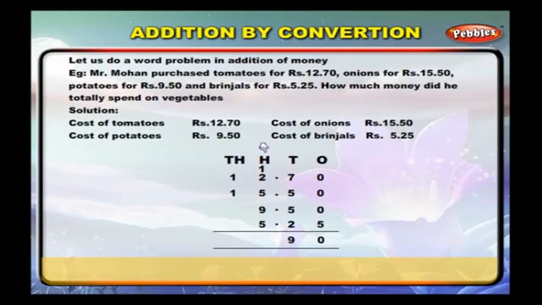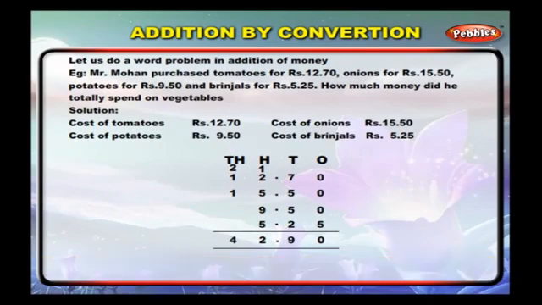Now add hundreds. 1 plus 2 plus 5 plus 9 plus 5 is equal to 22. Write 2 in the hundreds column and carry over 2 to the thousands column. Add the thousands column. 2 plus 1 plus 1 is equal to 4.